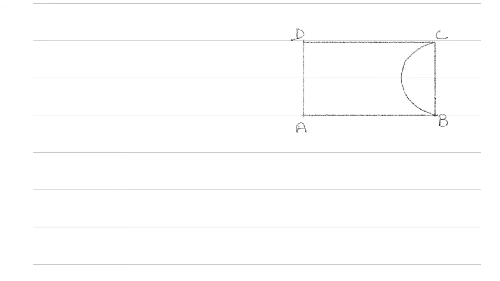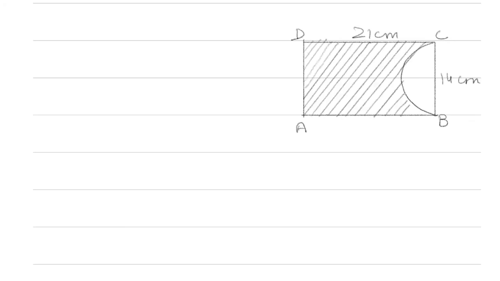The dimensions of rectangle are 21 centimeter and 14 centimeter, and we have a shaded region. And we have to find the area and perimeter of this shaded region.